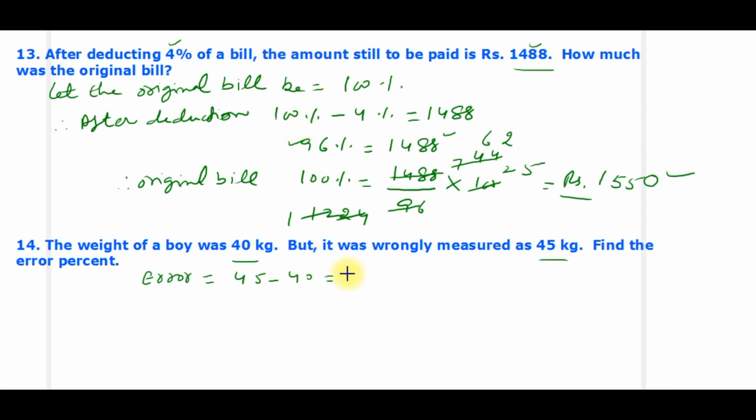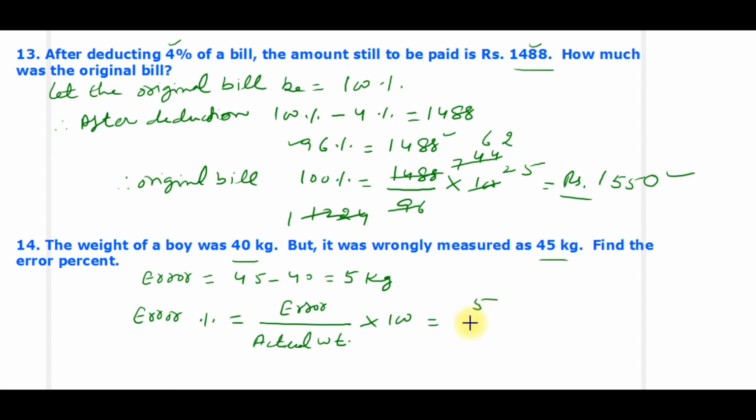Therefore error percent would be error upon actual weight multiplied by 100.